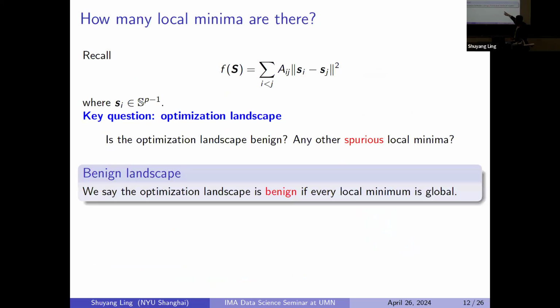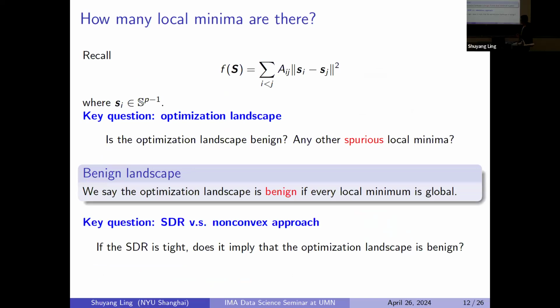So when I say this is benign, it means every local minimum is global. And the second key question is the comparison between the convex approach, which is near optimal for this application, and the non-convex approach, which exploits the low rank property but is non-convex. So here the question is whether the non-convex approach achieves a similar performance guarantee as SDP.